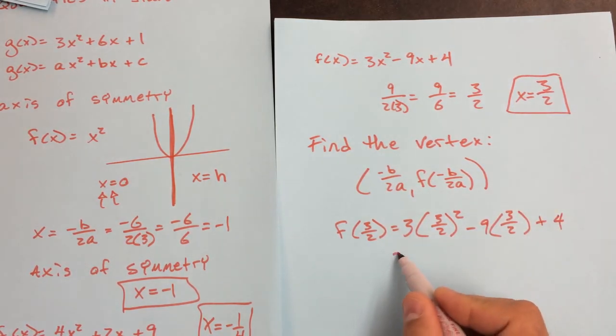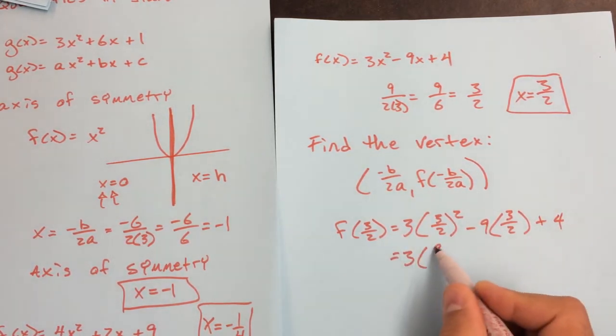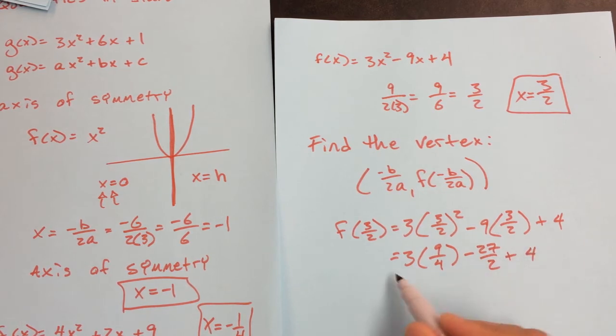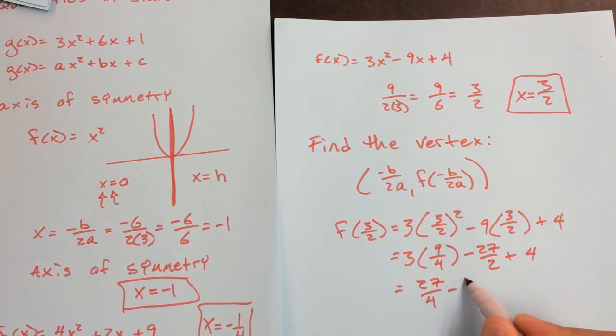Just going to go through the process. 3 times 9 over 4 minus 27 over 2 plus 4. This gives me 27 over 4 minus 27 over 2 plus 4.